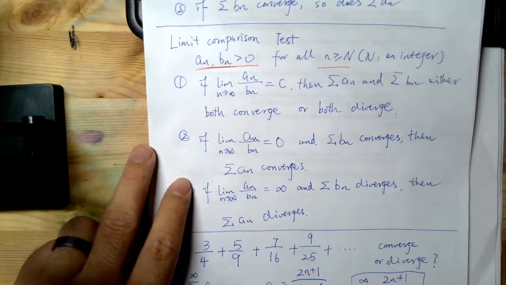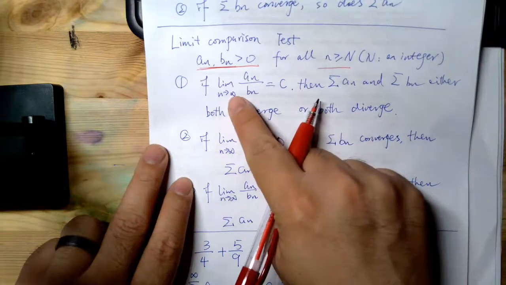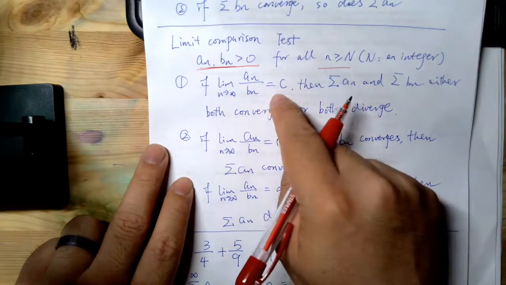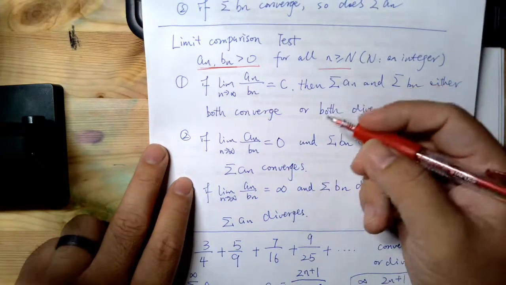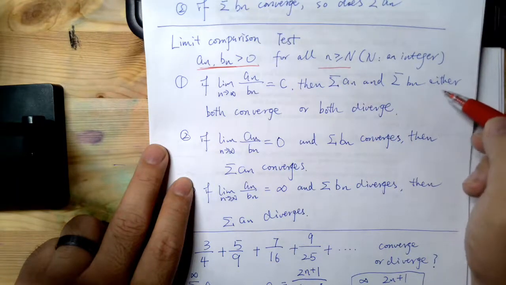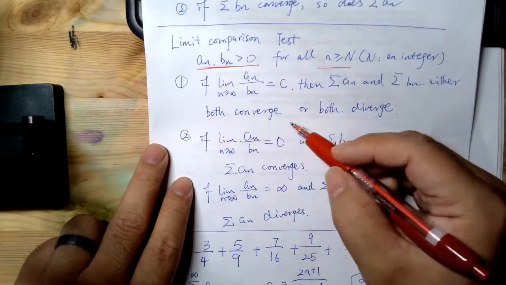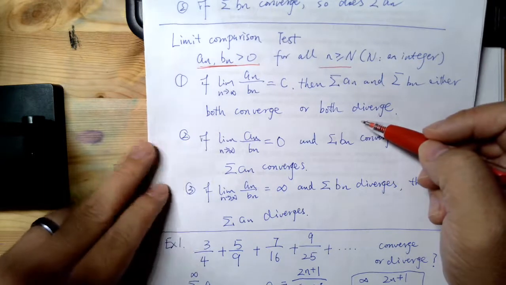If the limit as n goes to infinity of a_n over b_n equals c, for sure c is going to be some constant if it exists, then series a_n and series b_n either both converge or both diverge. So that's the first case for the limit comparison test.